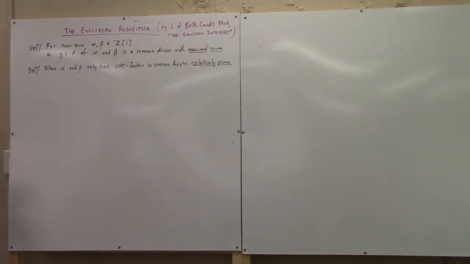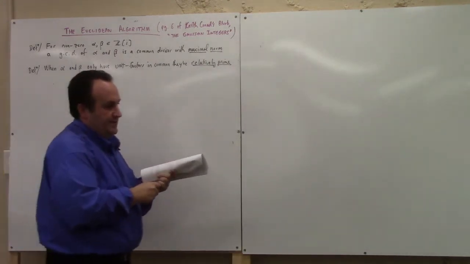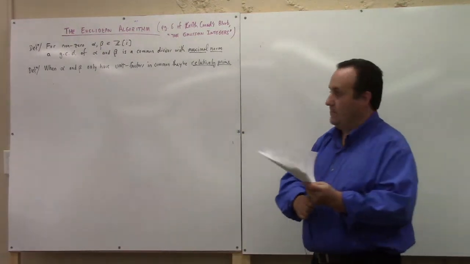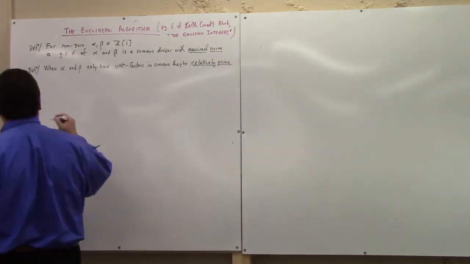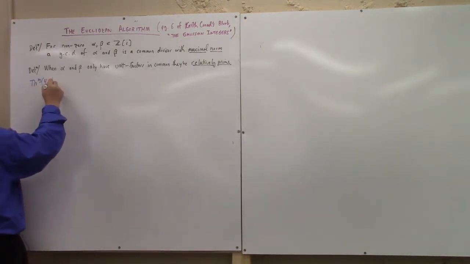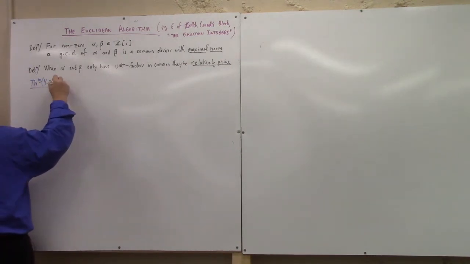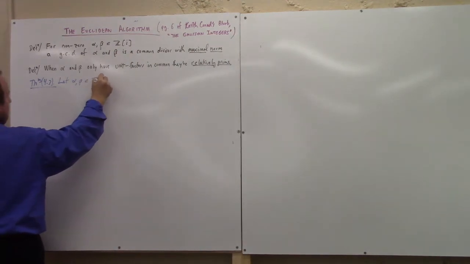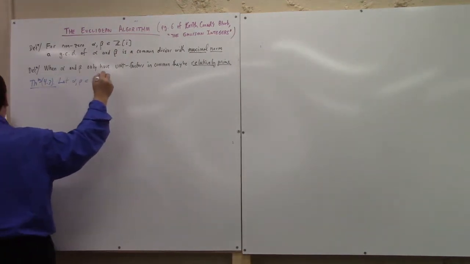All right. Now for the Euclidean algorithm. Here it is, theorem. He says let alpha, beta be Gaussian integers with beta non-zero.